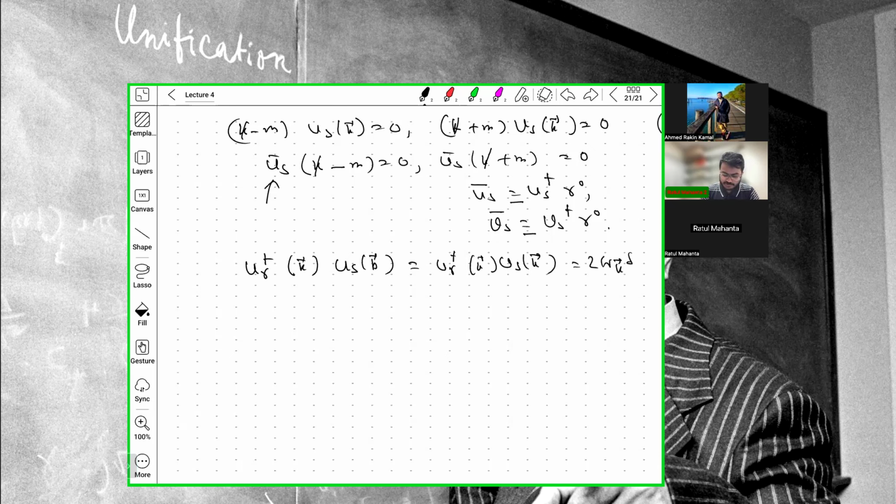That's always what we are doing, so that finally the commutation relations are, so this is R and some S, both R and S run over 1 and 2.